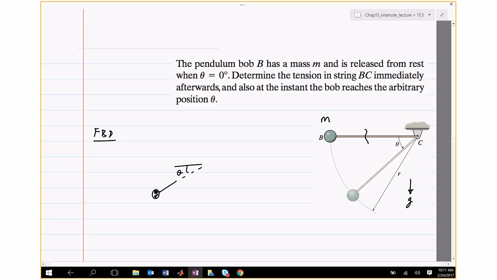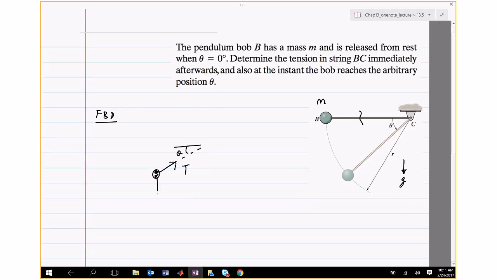Okay, and what I do is I cut the string. So when I cut the string, there's going to be a tension in that direction. It cannot be the opposite, because the string can only take tensional forces, it cannot take compression. There is mass times gravity.